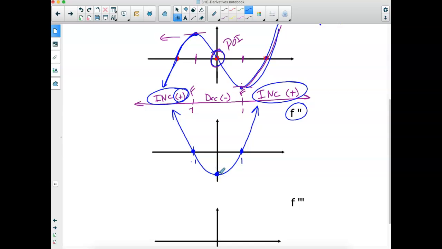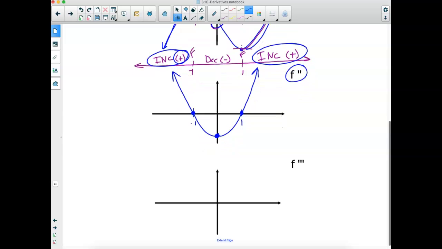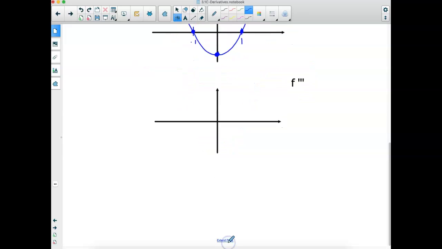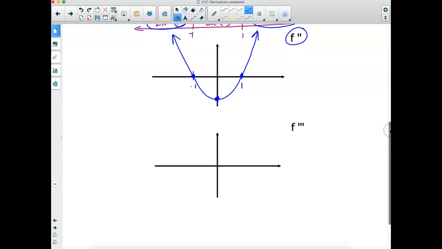And then if I wanted to draw the third derivative of this, I do the same thing over again. Grab my line, and right here I'm like, oh, at 0, I have a flat. To the left of that flat, I'm decreasing, which means I'm always negative.